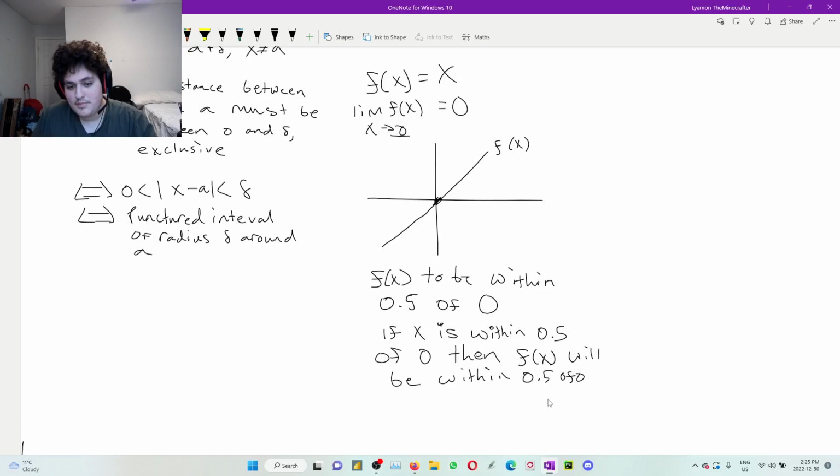And we can see that because let's say this is 0.5 and this is negative 0.5, right? We're just talking about distances.